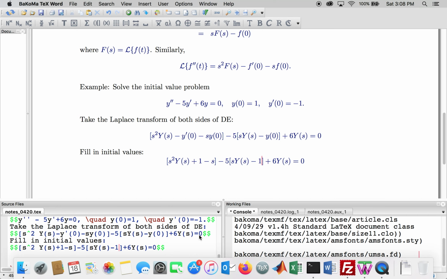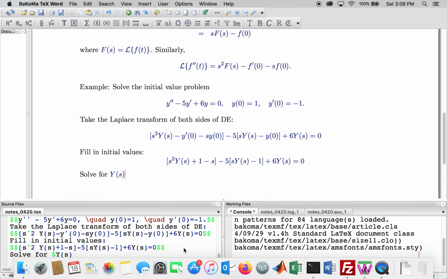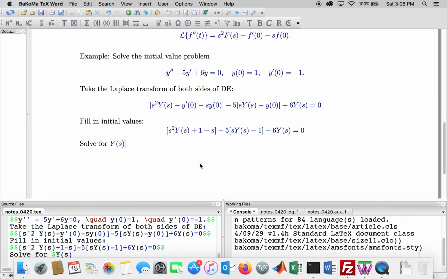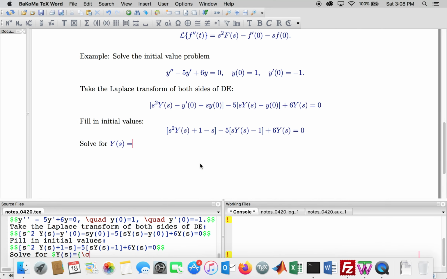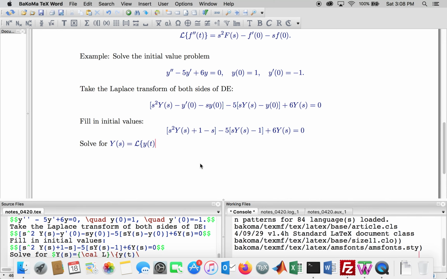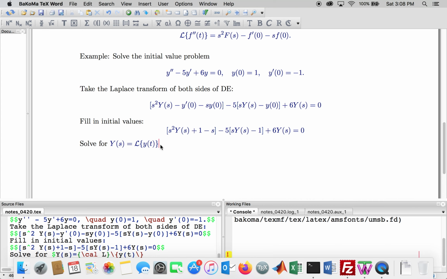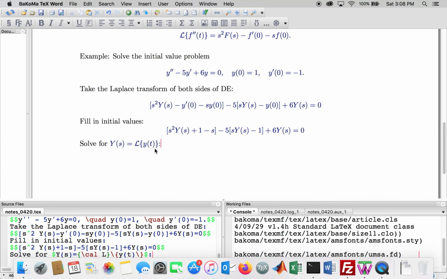Now, the next thing is we're going to solve for Y of s, because that is the Laplace transform of our solution y of t. I'll just remind you that's what capital Y of s is, the Laplace transform of our solution. Now, how do you do that? We need to rearrange these terms.